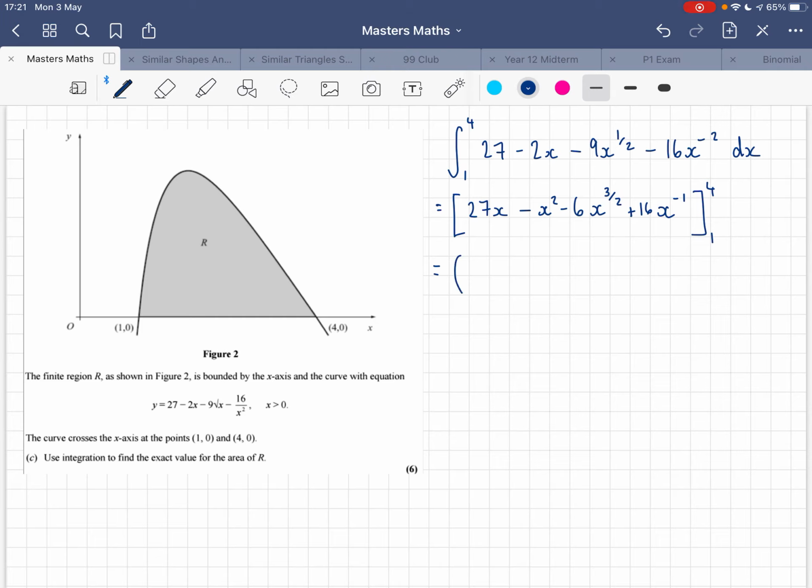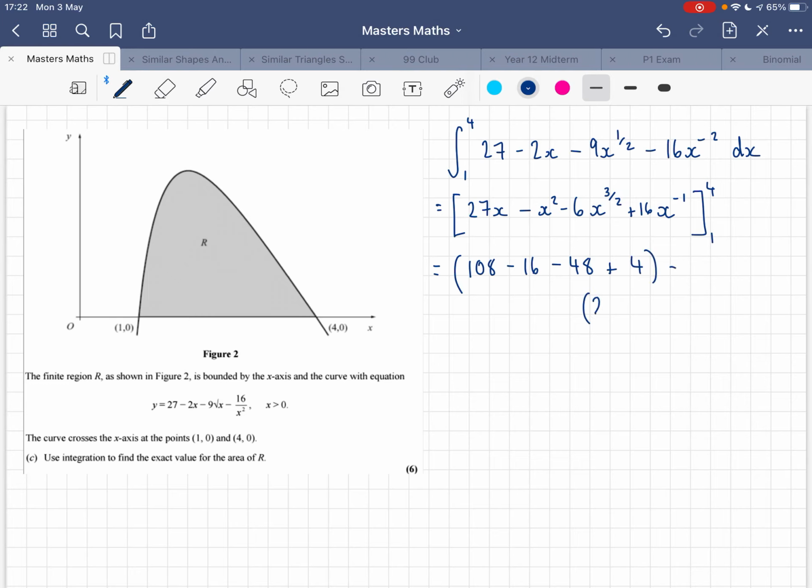So I get 27 times 4 is 108 minus 16 minus 8 times 6, 48. Plus 16 times 4 to the power of minus 1 would be 1 over 4, so it would be 4.